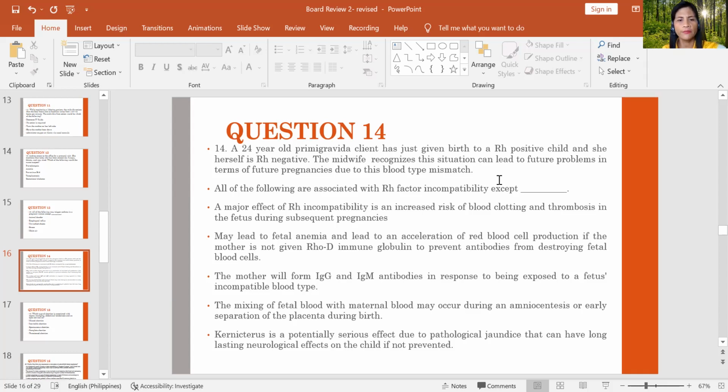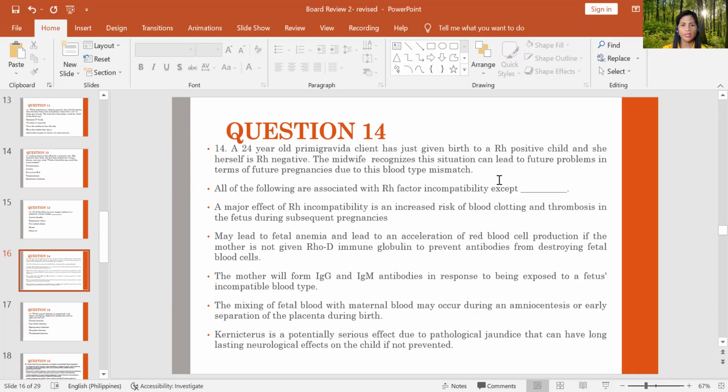The mixing of fetal blood with maternal blood may occur during an amniocentesis or early separation of the placenta during birth.